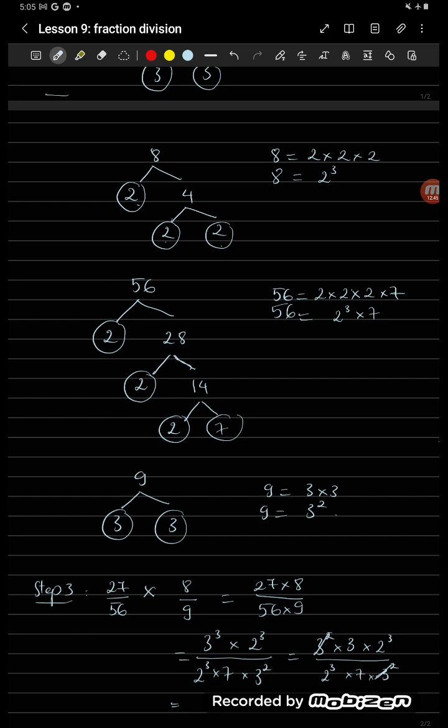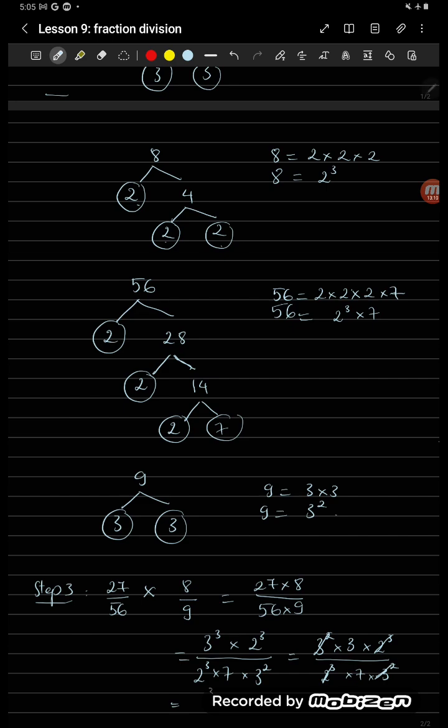Same number, same power, cancel them. Now continue checking. The top part has a number 3 left, and the bottom part has a number 7 left, and they are different numbers. They are both prime numbers, so you cannot do anything else.